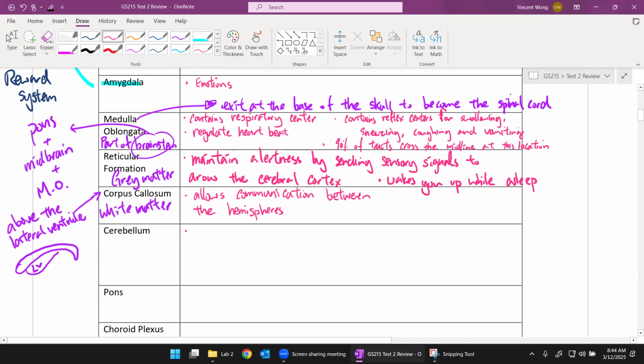All right, cerebellum is like the little brain that's located at the back, and the function is to maintain balance and posture.